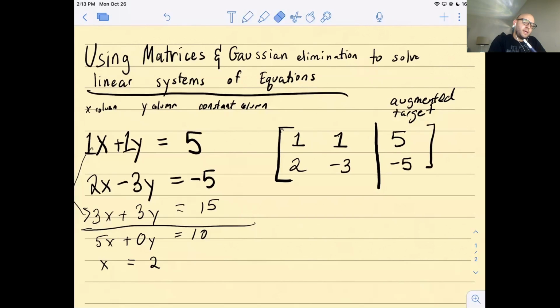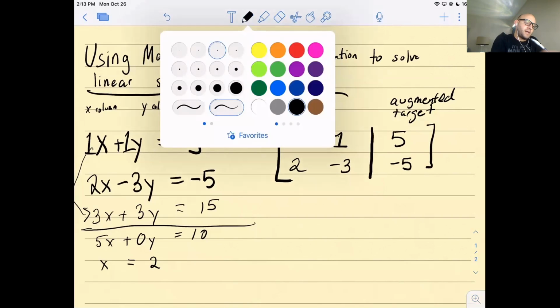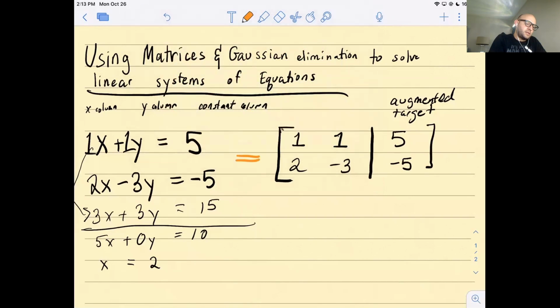Okay. And this represents all of the information exactly, and no more, no less. This captures all of the information that we just had. It just looks a little bit different. It just doesn't have the x's and y's, but it's a nice way of writing it all down.